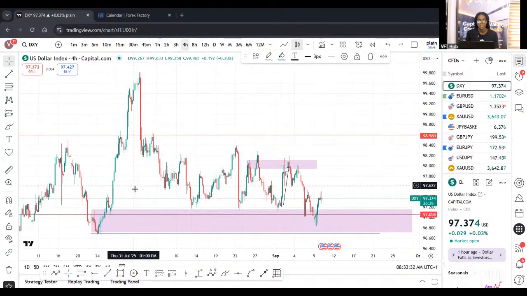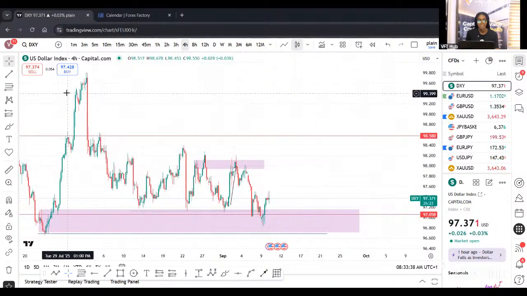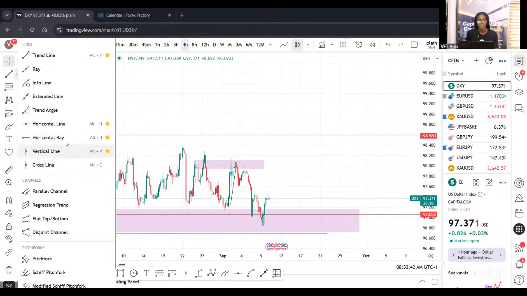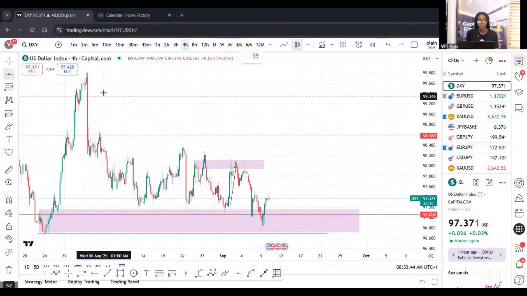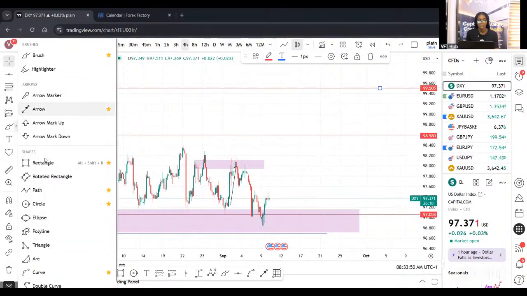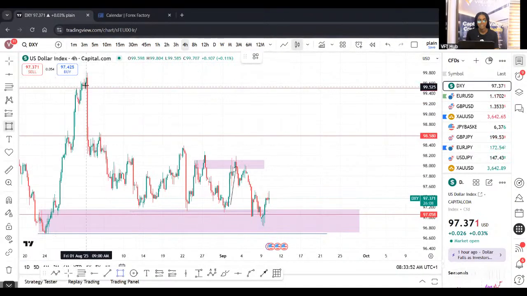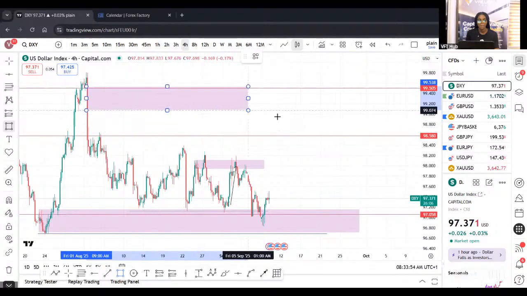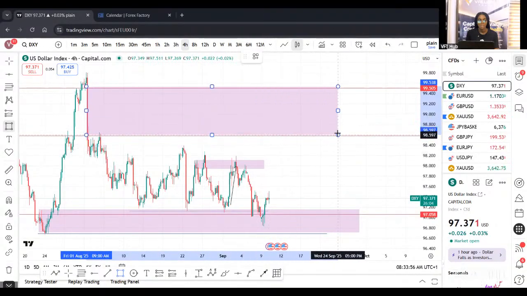Market has been in some kind of range for a period of time now, but I expect price to break above this range and trade into this left shoulder on the 4-hour time frame, and for price to fill this fair value gap right here, this very wide gap that was created on the 4-hour time frame.